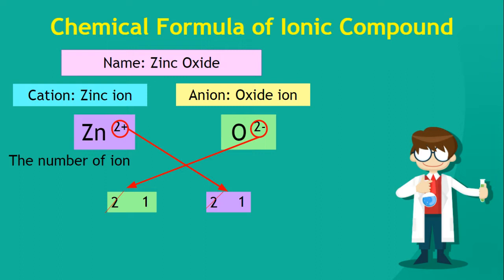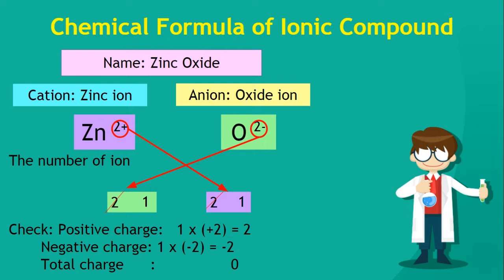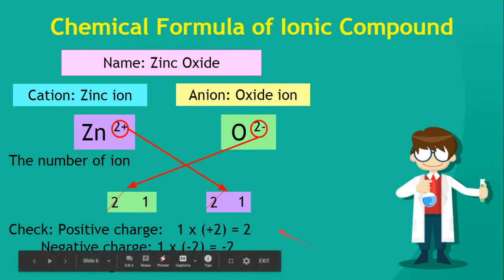From here, we know that the number of zinc ions inside the zinc oxide compound is 1, while the number of oxide ions is also 1. Check the positive charge: 1 times the positive 2 equals 2.